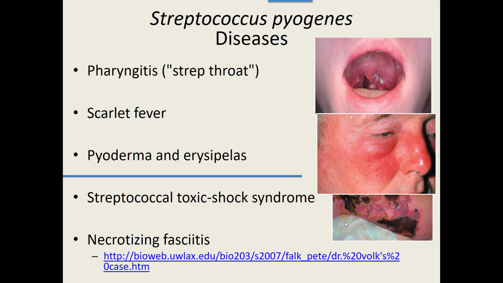The most common one we generally think about when we talk about Streptococcus pyogenes is pharyngitis, or strep throat. The official diagnosis of strep throat is pharyngitis, inflammation of the pharynx. It can also lead to scarlet fever following an infection of this bacteria. It's usually the strep throat, not treated.